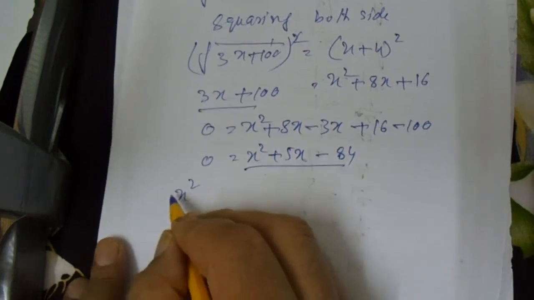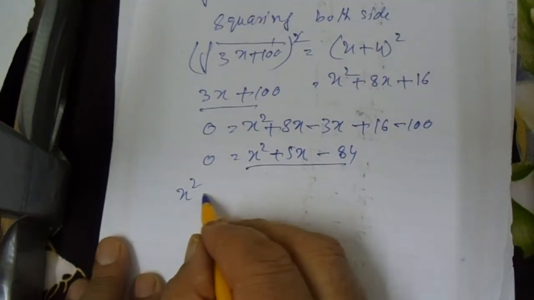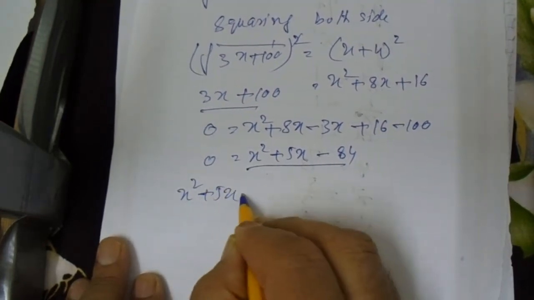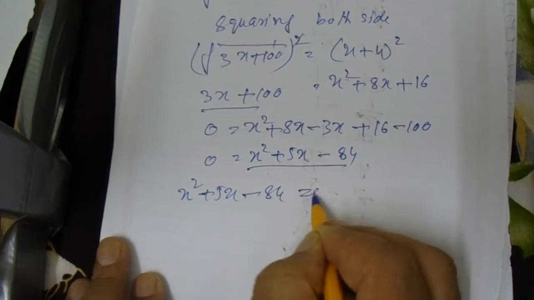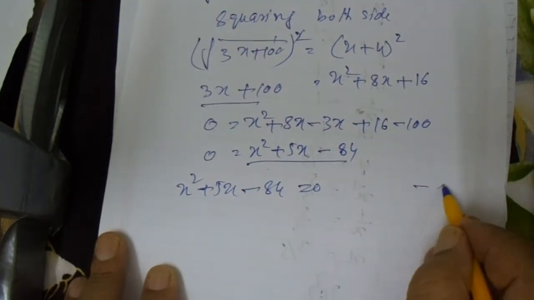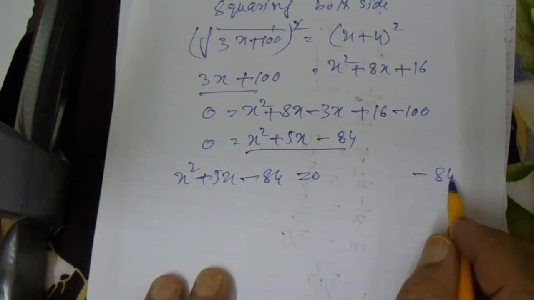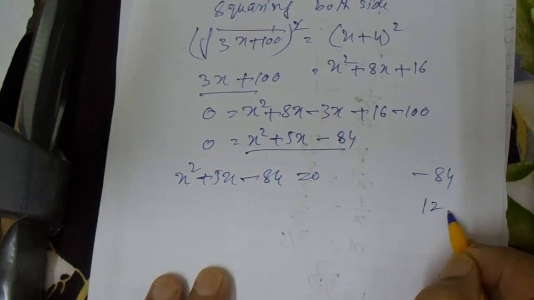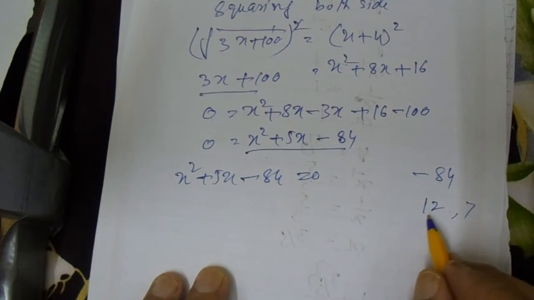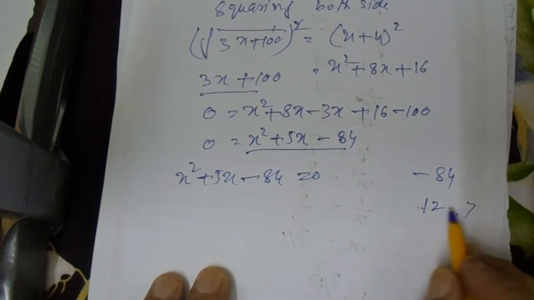Now we write this on the left hand side. x square plus 5x minus 84 is equal to 0. We make the factors of minus 84: 12 and 7, plus 5, plus 12 and minus 7.